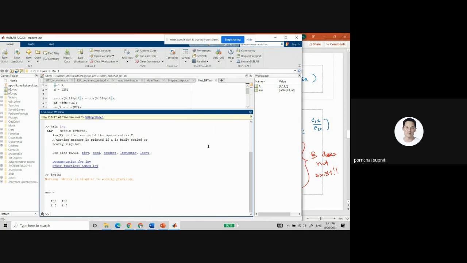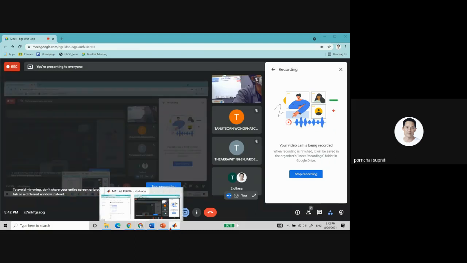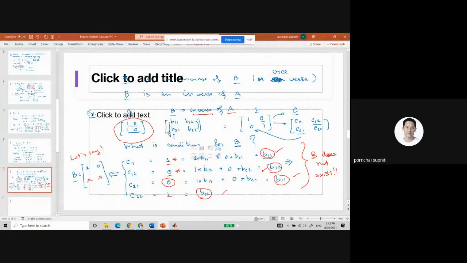If I switch to the slides here, you see that for any 2 by 2 matrices, or even larger, you want to find the inverse B11, B12, B21, and B22, you can use this type of equation to find the values of each element. Generally, you'll be able to find it, except in this case where there's no specific answer.